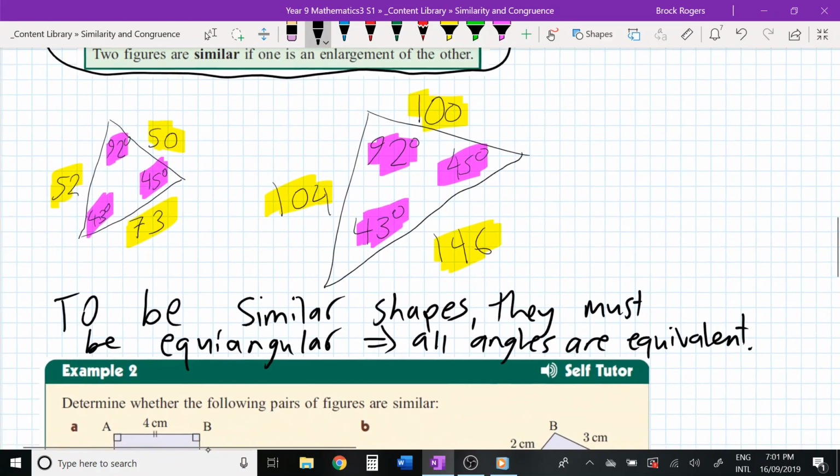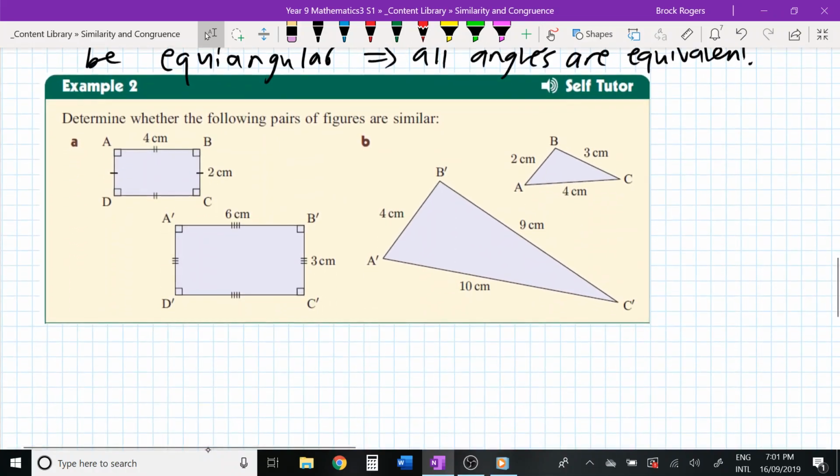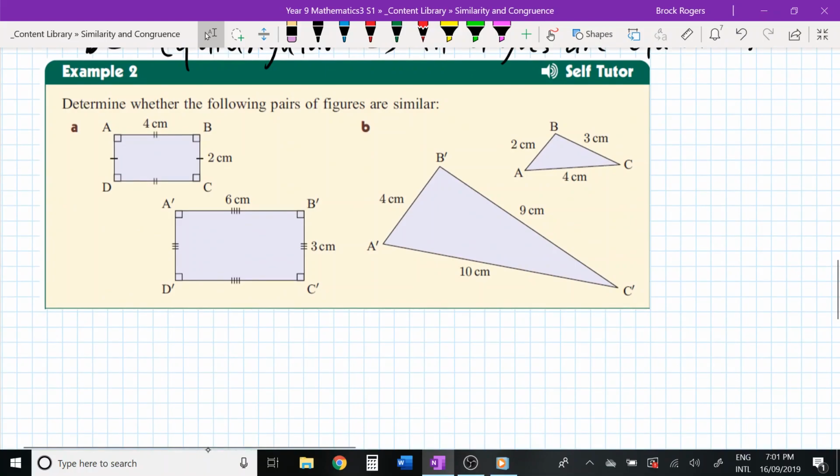Cool. Okay, so whenever you have similar shapes, so just a reduction or an enlargement, the angles inside those shapes, being a triangle, rectangle, square, no matter what, will all stay the same. Having a look at a more textbook example, just highlighting here that the apostrophes let you know that that is the post-enlargement or post-reduction form of the shape.